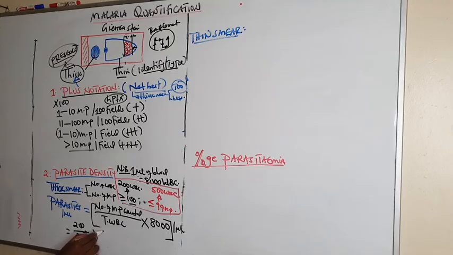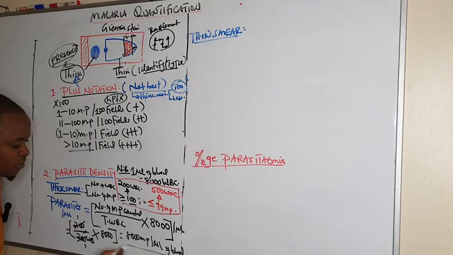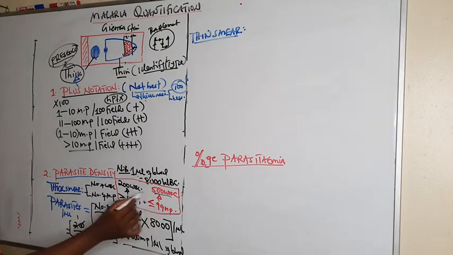Then I multiply by the average number of white blood cells per microliter. I see 200 going with 200, I remain with 8,000 malaria parasites per microliter of blood. So this is how I record my results. If I get less than 100, I continue up to 500. That is the rule we have used here.